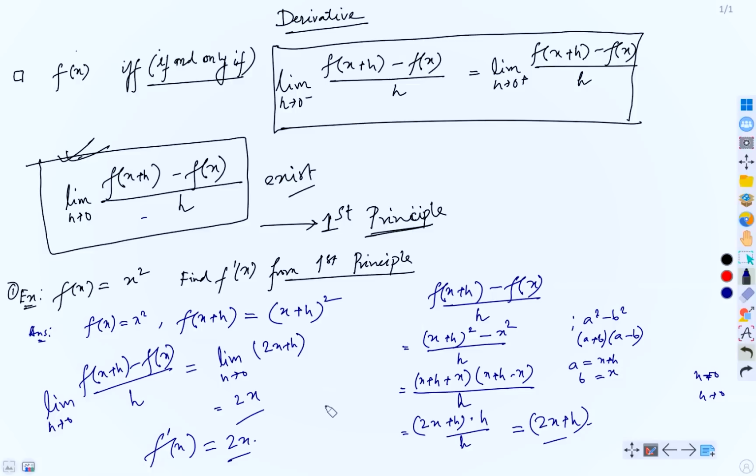Okay, let's do some more examples on this so that you can understand, or if you already know, then it would be helpful to revise yourself, okay? Let's say f(x) equals sine x. Now you have to derive f dash x from first principle.